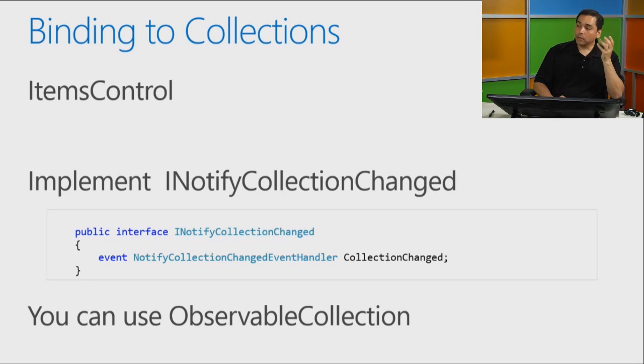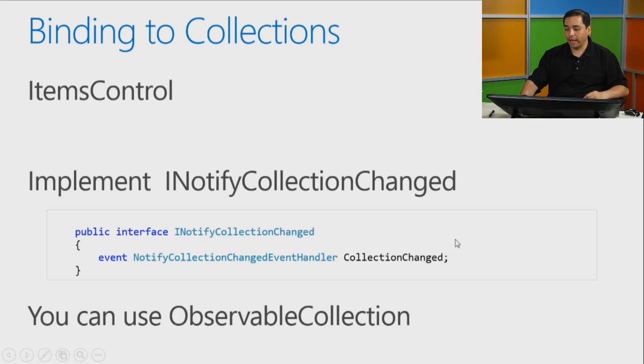Now, if you do want to notify the list box whenever something gets inserted, then you implement this thing called INotifyCollectionChanged, which is a very simple interface with just one event handler, and then you do the work to notify the change when something was inserted.